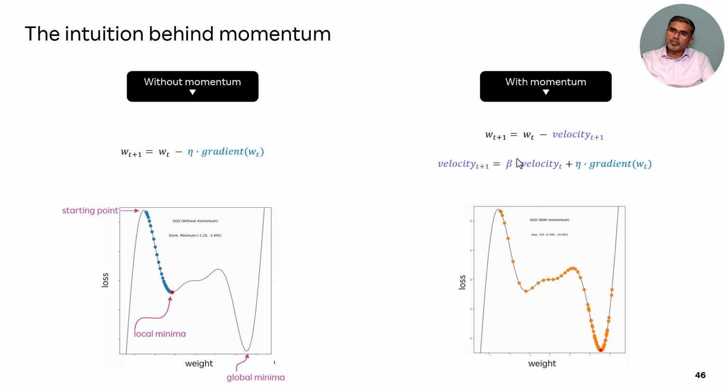The reason you multiply it with a factor here is you also want to discount the velocities that are, let's say you're here and you want to discount the velocity here. You want to give more prominence to the more recent velocities. If you don't do that, then the entire thing always gets added up, and you would essentially shoot from here to there and so on, right? You don't want that.